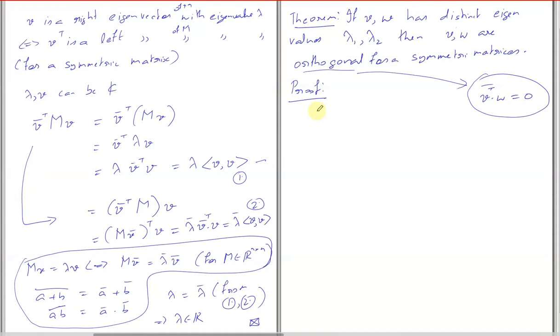Any suggestions? Let's write down what we know. M times V equal to lambda 1 times V, and M times W equal to lambda 2 times W.